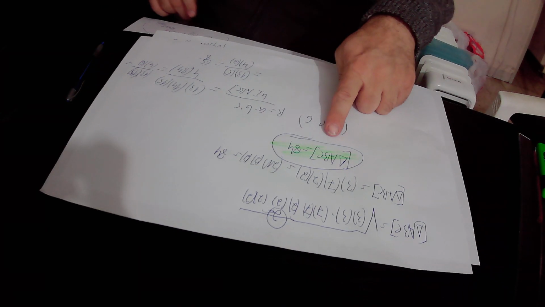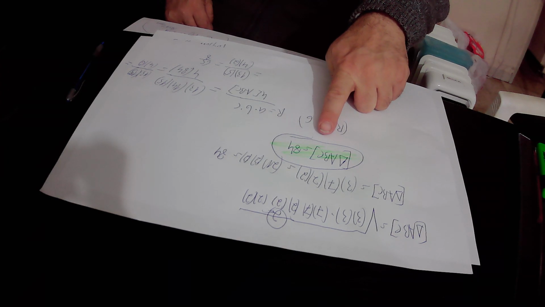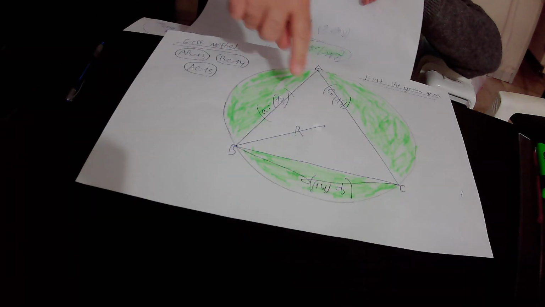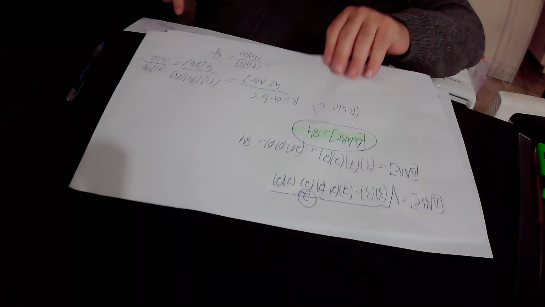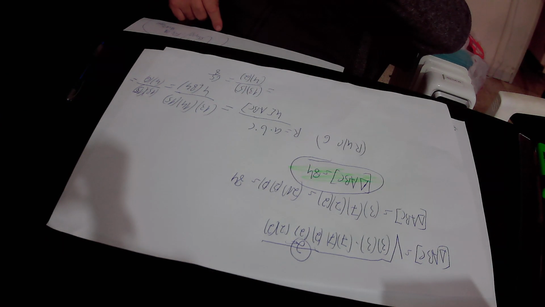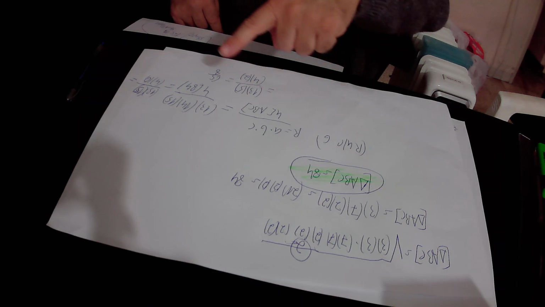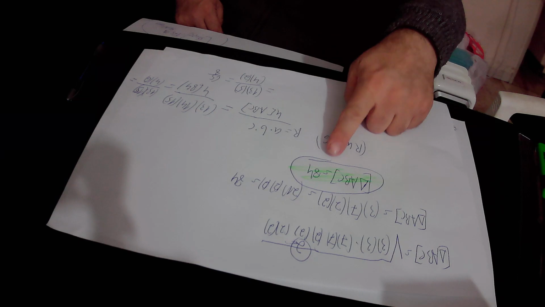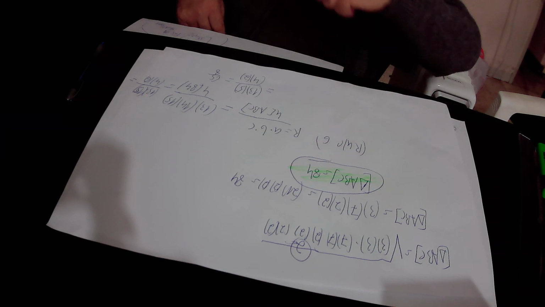And we already found out that the area of triangle ABC equals 84 square units. I'll repeat again that according to rule number 6, the radius must be equal to A times B times C over 4 times the area of triangle ABC. A is 13, B is 14, and C is 15, over 4 times the area of triangle ABC. The area of triangle ABC is 84 square units.